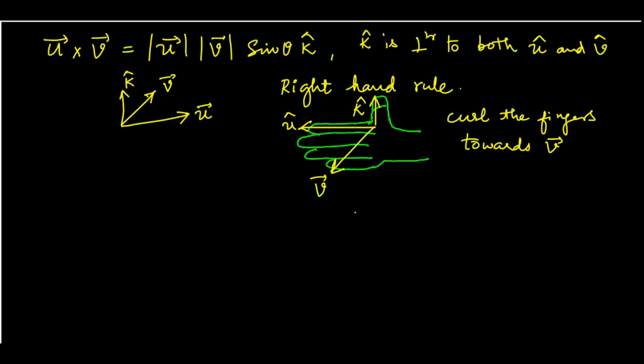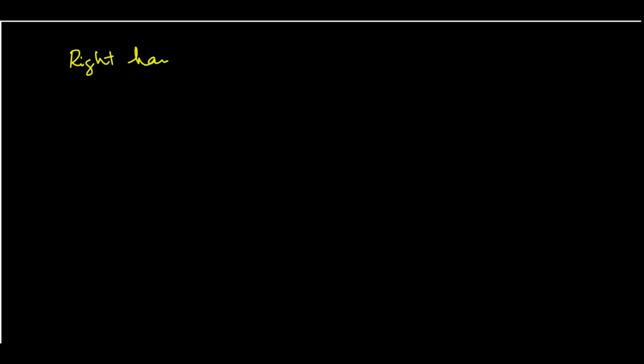If your u is like this, v is like this, then you use your right hand, and your k will be downwards.